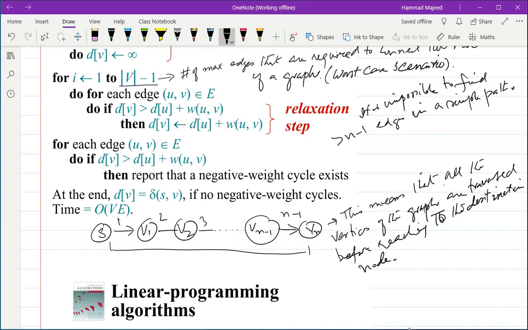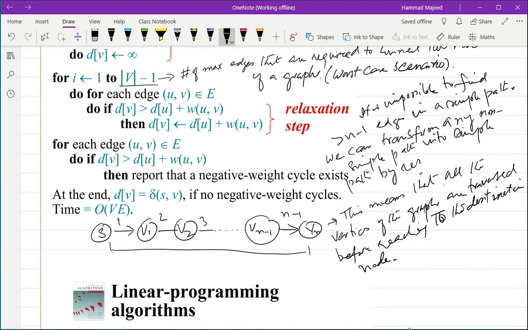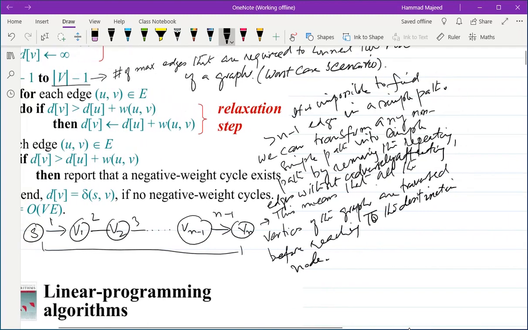and we can transform any non-simple path into a simple path by removing the repeating edges without adversely affecting the shortest path. Why is that?